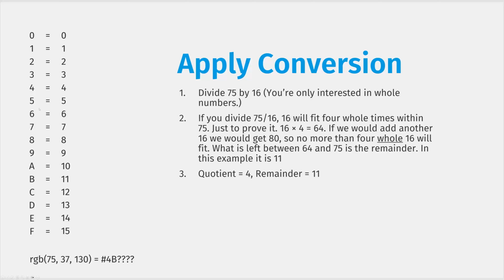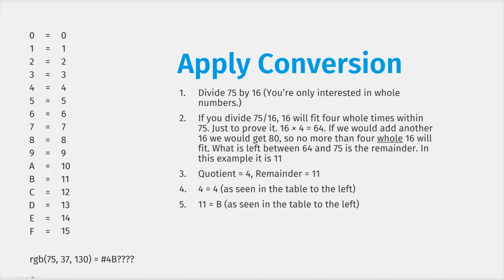That would be 4 as well. So we put a 4 as the first of these two. And what would 11 be? I go down there and say B. So 4B. Cool, that's how we do it. 4 equals 4, and 11 equals B. Perfect. Therefore, 75 converts to 4B.